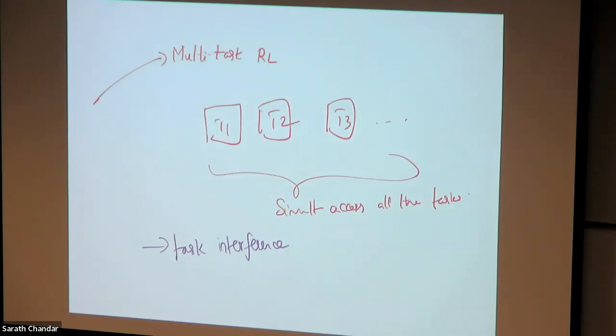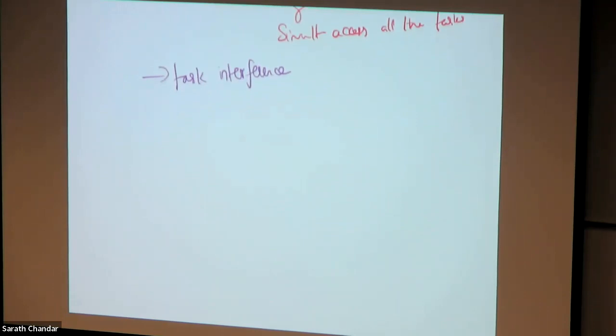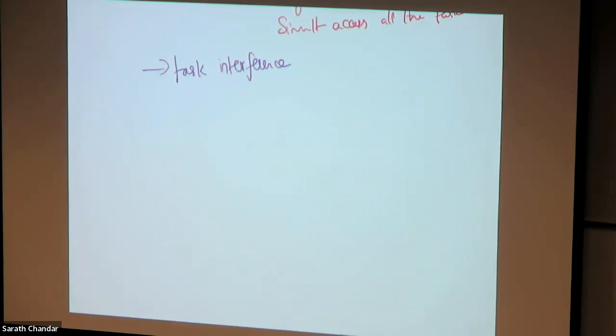Let me give you a simple grid world example where task interference is obvious. Imagine that I'm in a grid world, and the task is basically a picking up task. You could have an apple which you want to pick, or let's say a box.